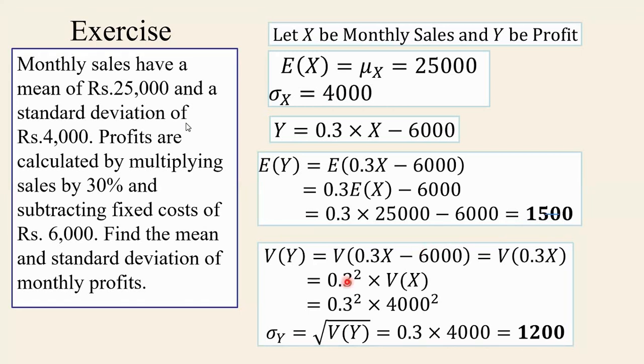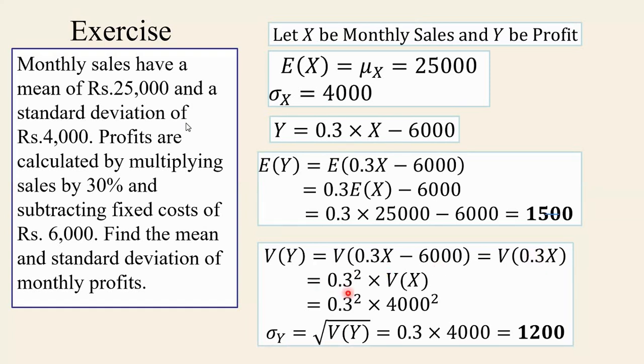Then similarly for the variance of Y, that is 0.3X minus 6,000. For the variance, when you take the constant, that is 0, because it is not depending on X. So that is variance of 0.3X. But when we take a constant multiplier, it should be squared.